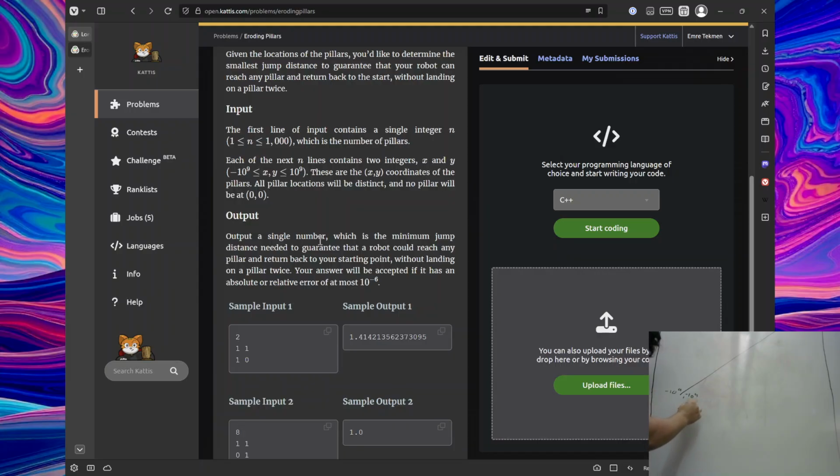So that's just 2 times a billion squared plus 2 times a billion squared. So you get 4 times 10 to the 18 plus 4 times 10 to the 18, etc. You get the point. I'm not going to do all that. But we have an upper bound for the distance.